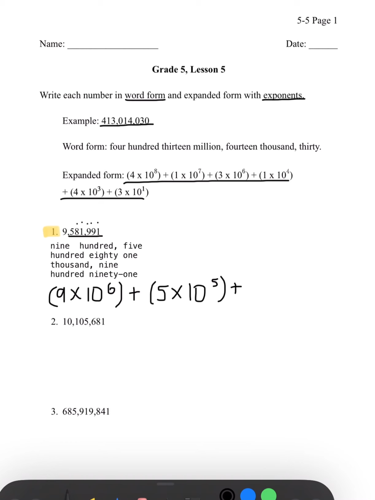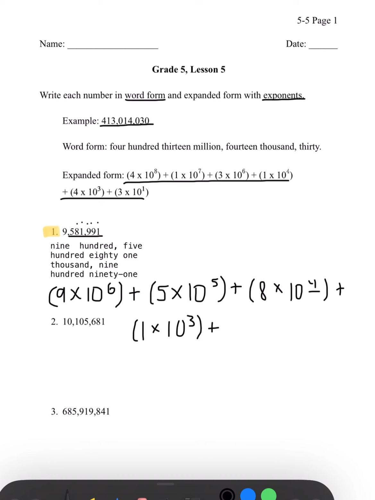Next is 8. 8 times, and we know that it's 4, since the exponent is going to get smaller as we go down the number. Plus, we have the 1, and since there was 4 earlier for 8, there's going to be 3 now.